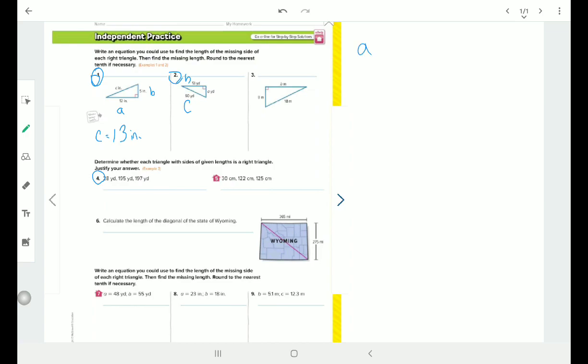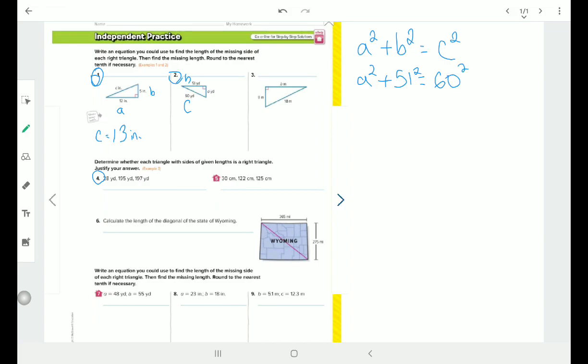So once again, I'm going to write out a squared plus b squared equals c squared, and fill in what I know. a squared is just going to stay a squared, plus b is 51, so 51 squared, equals, and then c was 60, so 60 squared.